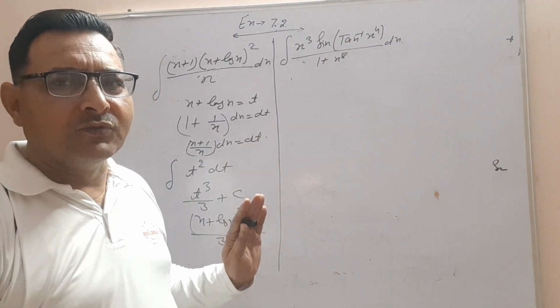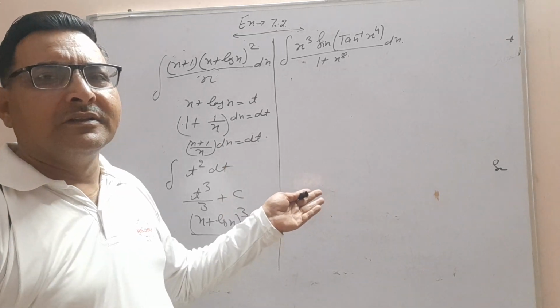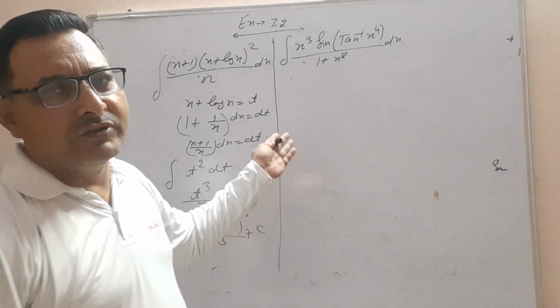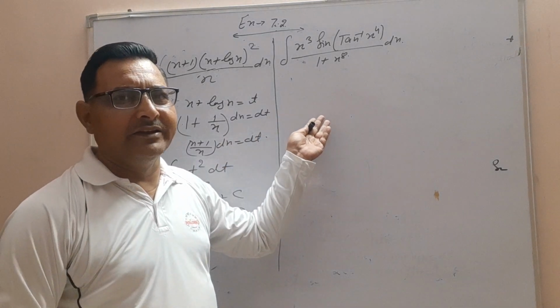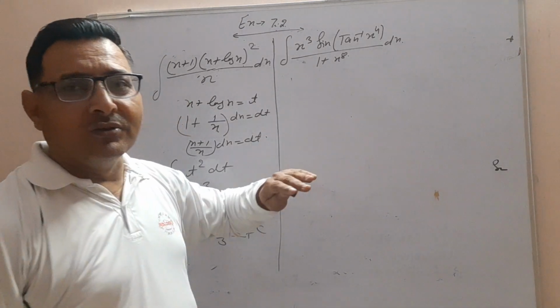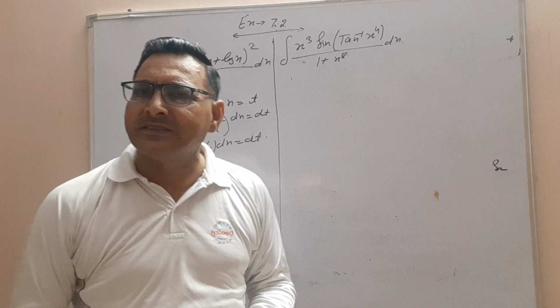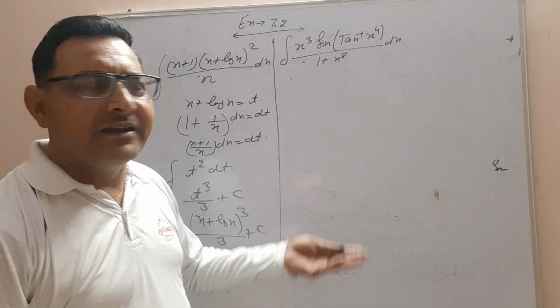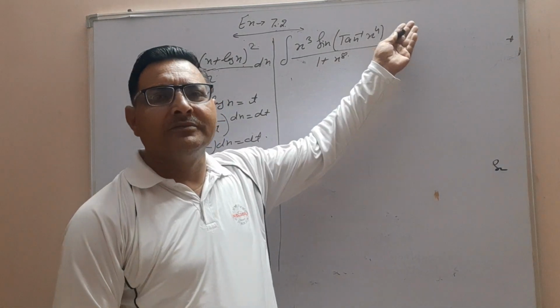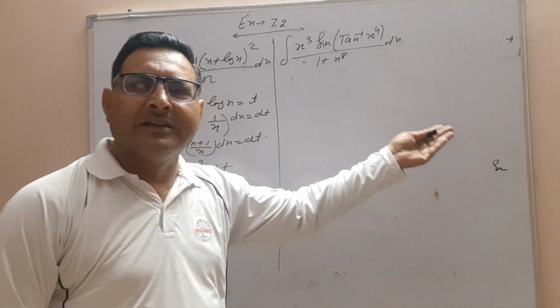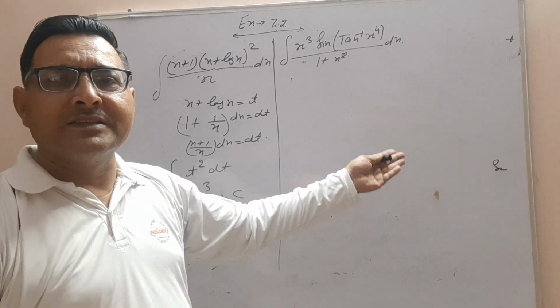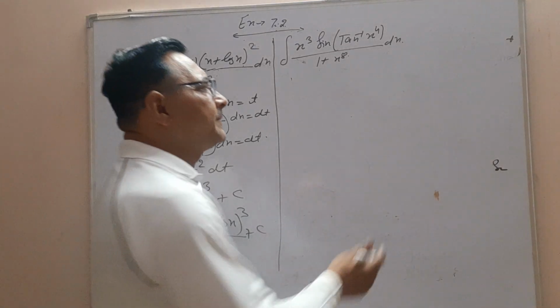We have to put the function so that we will get the derivative. We know the tan inverse x derivative is 1 upon 1 plus x square. But here there is x power 4, so what will be its derivative? 1 upon 1 plus x power 4 whole square.